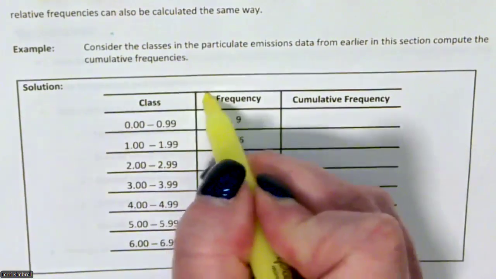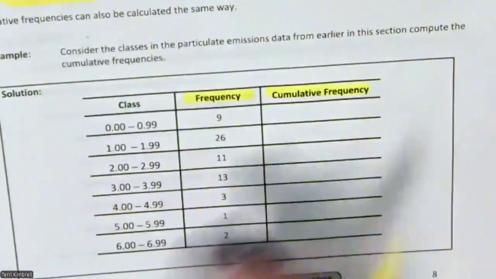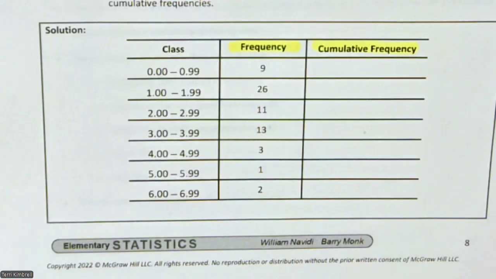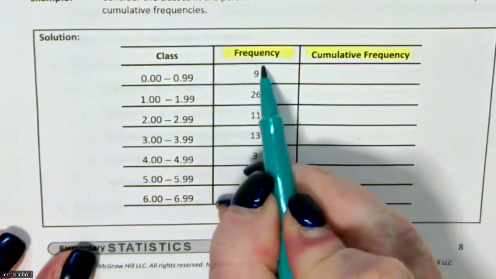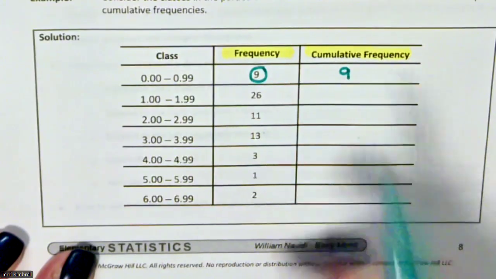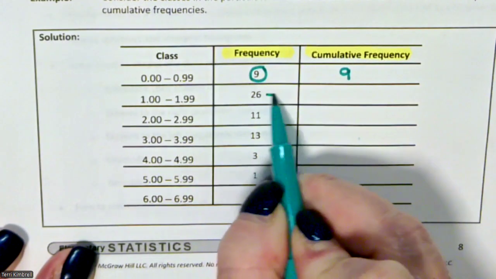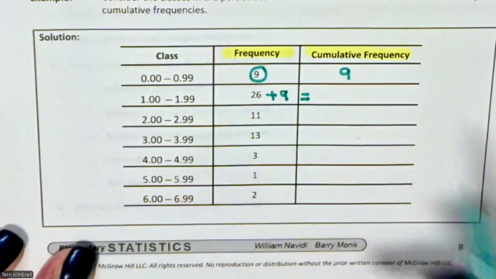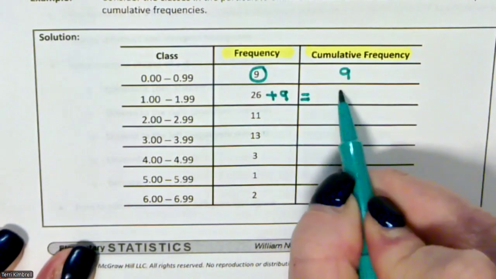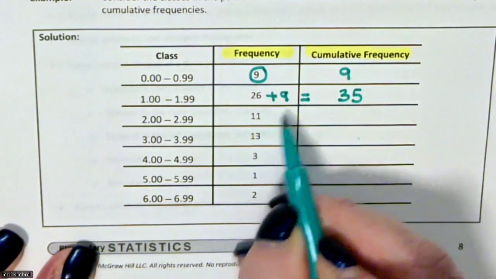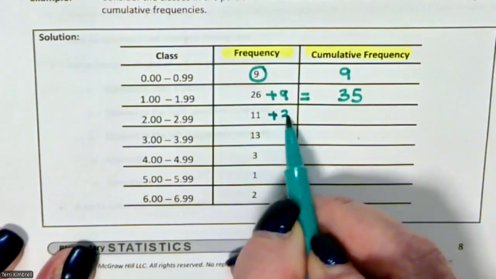So notice we have our counts and we're trying to get now the cumulative frequency. So this is a new word. So where we're going to start is we're going to start with this first count, 9. And then what you do next is you take the 26 and you add 9 to it. That's going to be 35. Then you take your 11 and you add the 35.